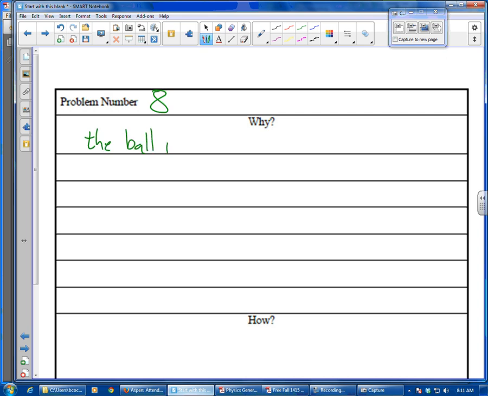The ball is in free fall. So what does that tell us? What's affecting its motion? Little g, gravity, right. So the acceleration is little g in which direction? Up, down, right, left? Down.